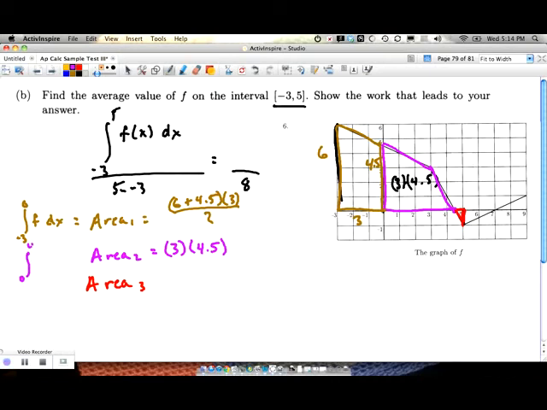And then the last one is just from 4.5 to 5 of f of x, which is equal to area 3, which is really just a triangle with half for the base and 1 for the height. So it's half base times height, half times the height, which is 1. And here's where we're going to get super simplified. This piece is going to be area 1 plus area 2 plus area 3, all divided by 8.